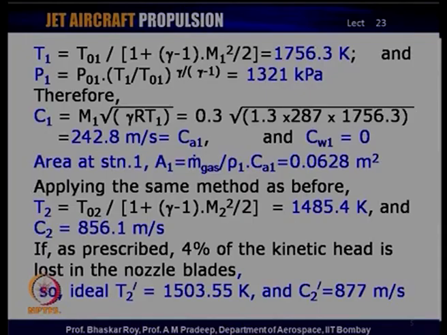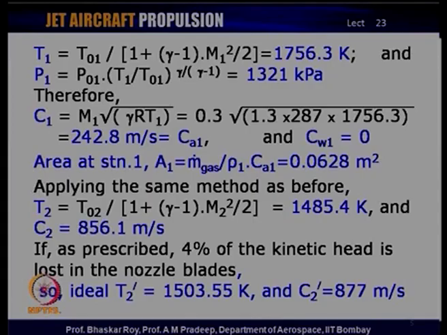We are using the isentropic flow condition because, as we have done before in thermodynamics, at any particular station, conversion from static to total or total to static can simply be done using the ideal isentropic relations, because at that particular station it is assumed that the flow is undergoing an isentropic conversion.